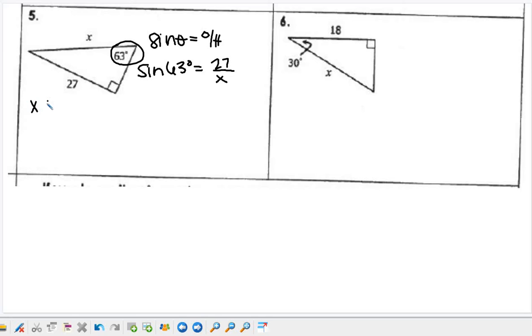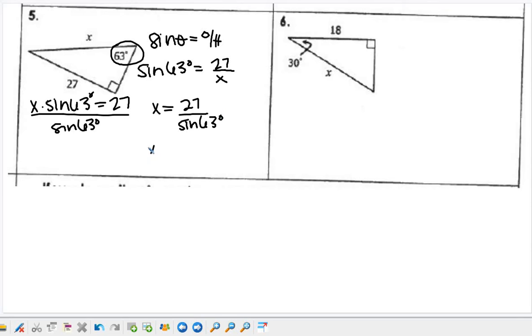So x times sine of 63 is equal to 27. Solve for x. We get x is equal to 27 divided by sine of 63. So x is approximately equal to 30.3.